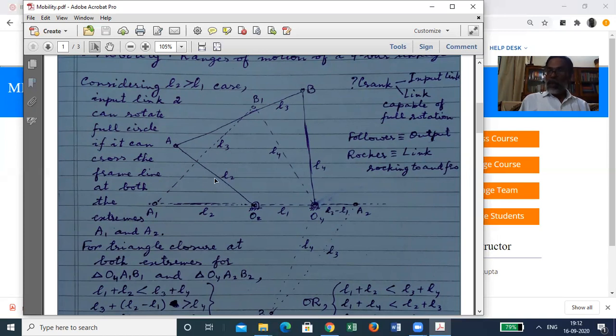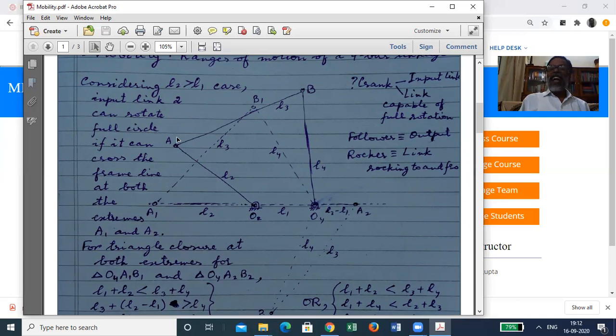Now with link 2 fixed, if you are looking for full circle rotatability of link 3, that means you are looking for the full circle motion of this link relative to this, not relative to link 1, relative to 2. Now for that, you need this angle to be larger, larger, larger and go beyond 180 degree.